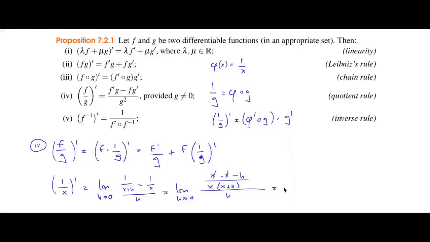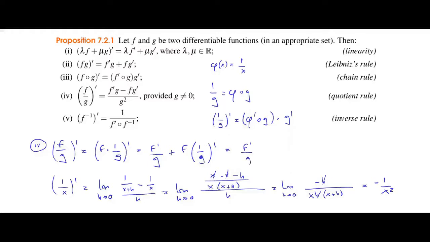The x's cancel out, so then we have the limit when h goes to 0 of minus h divided by x times h times x plus h. The h's cancel out. The limit when h goes to 0 of this gives minus 1 over x squared, which some of you already know.